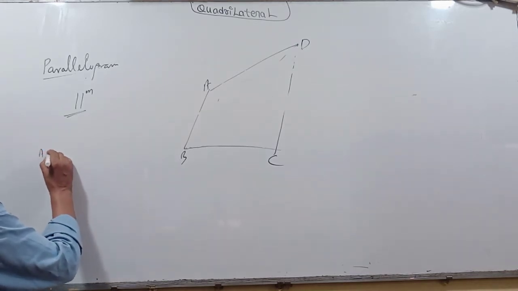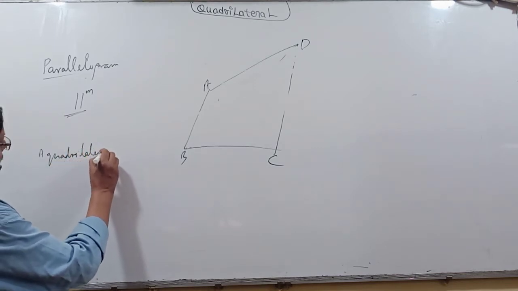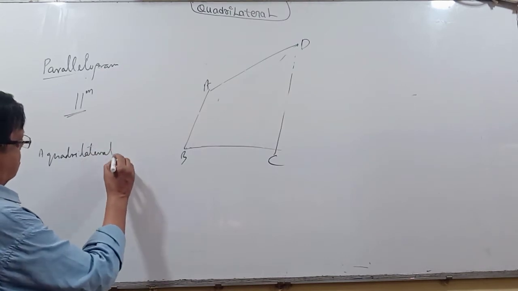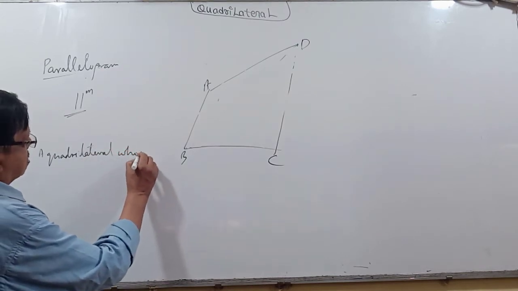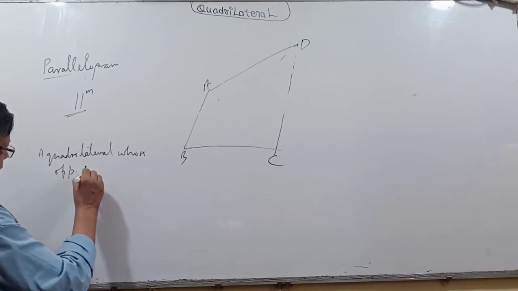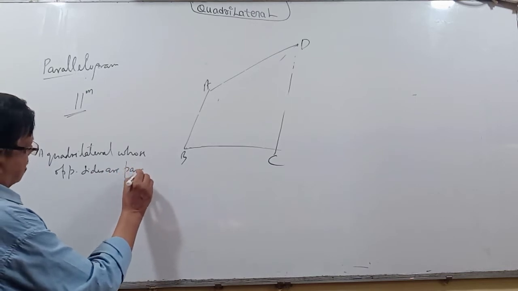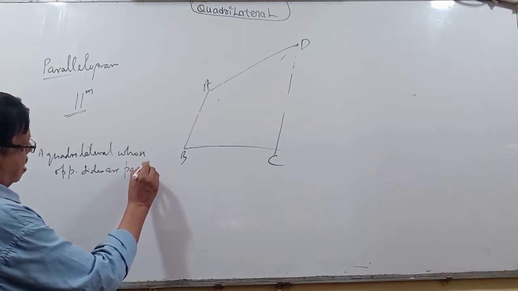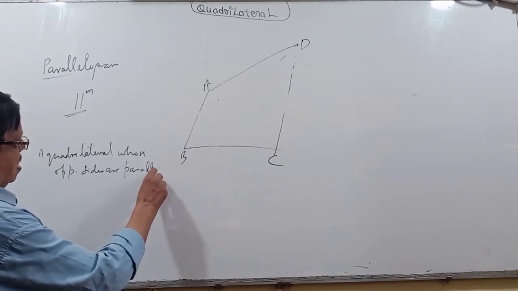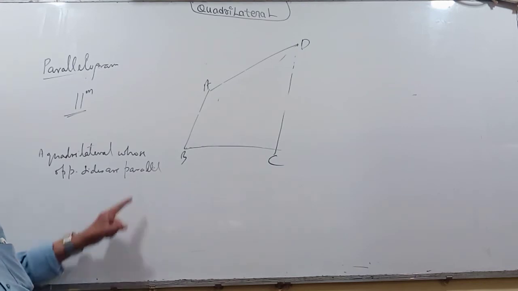A quadrilateral whose opposite sides are parallel is called a parallelogram.